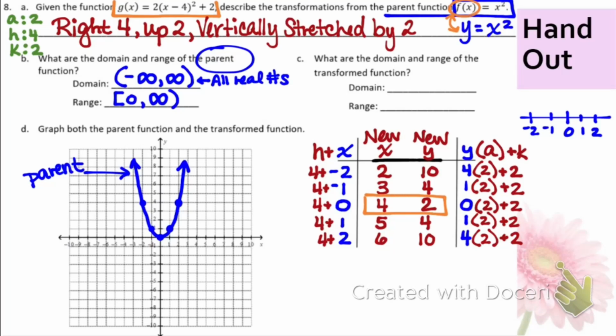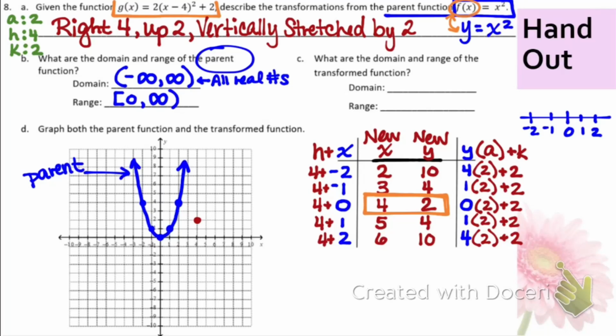Look right in the middle of my table. There's my vertex. That's not a mistake. We put the parent vertex there, and then we did our transformation, so our transformed vertex is now in the middle.